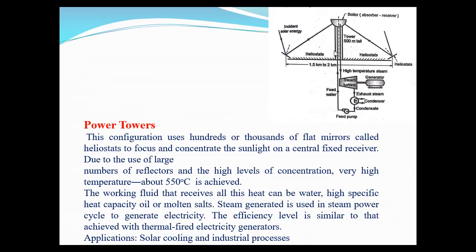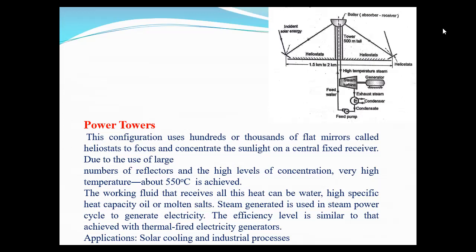At the top of the tower, we have the receiver, and all heliostats reflect the solar radiation falling on them at the receiver. In the receiver or boiler, the heat is absorbed by the water and steam is generated.